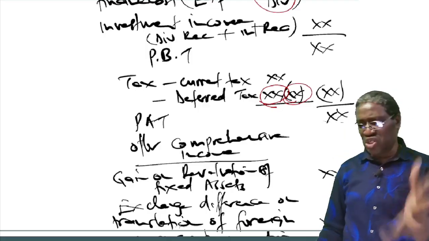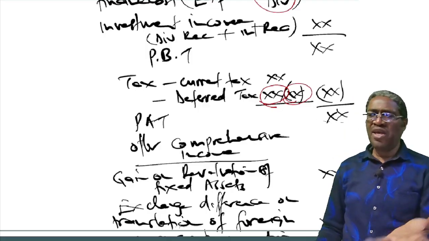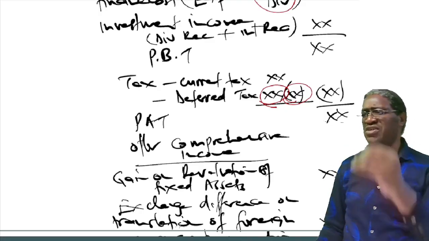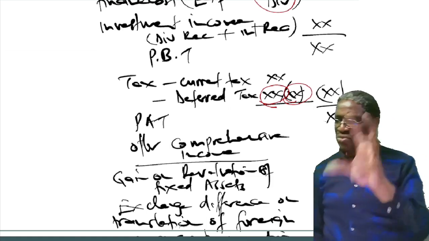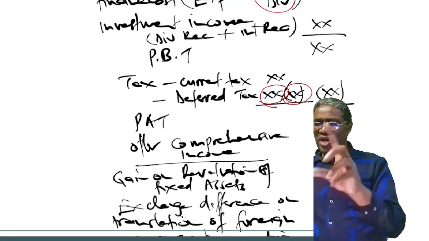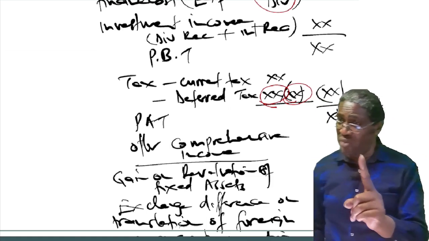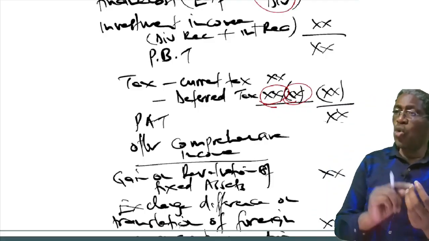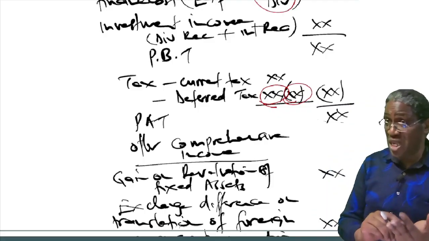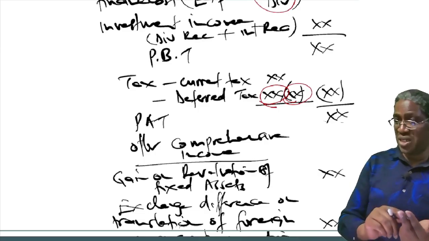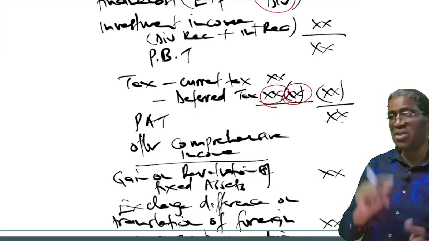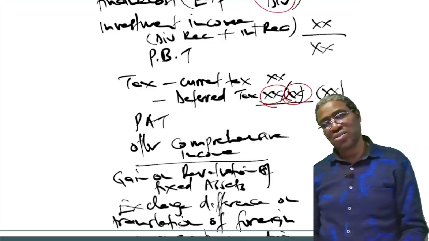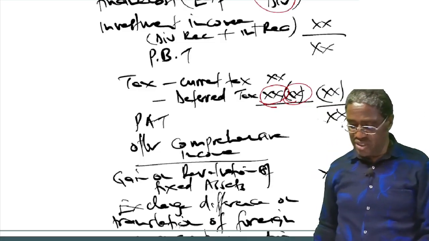Current tax does not change. The examiner will give it to you. He will tell you the corporation tax charge for the year is 5 million, 20 million, and so on. That's okay. But when it comes to deferred tax, you either will be given a requirement or a question where you will be required to add the charge for deferred tax to the current tax, or deduct the charge of the deferred tax from the current tax. Good. Okay, let me discuss it now.